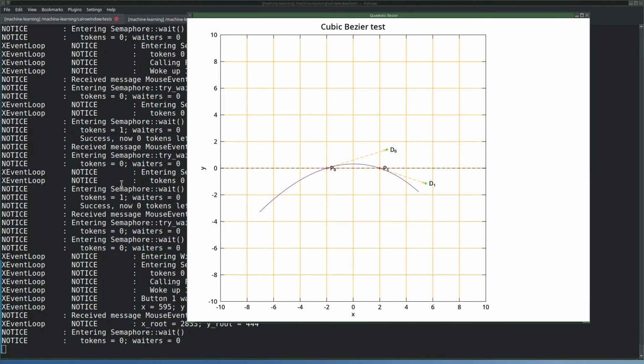So that is minus 2,0. That one is at 2,0. And D0 is at, well, 2.5, 1.5. And D1 is then, I guess, the opposite.